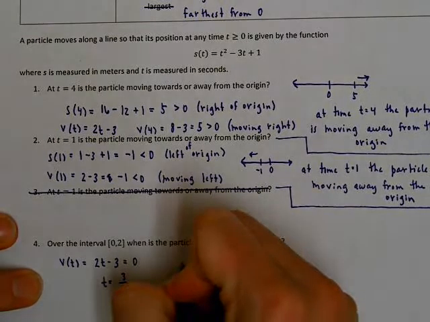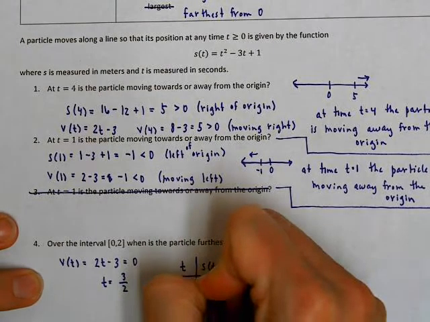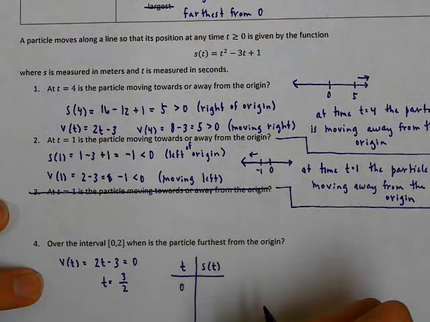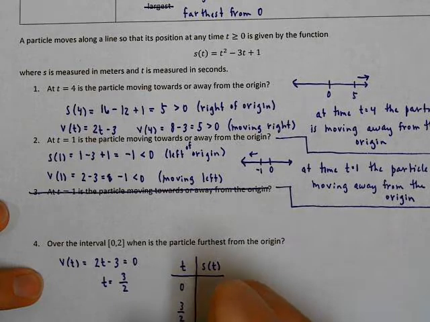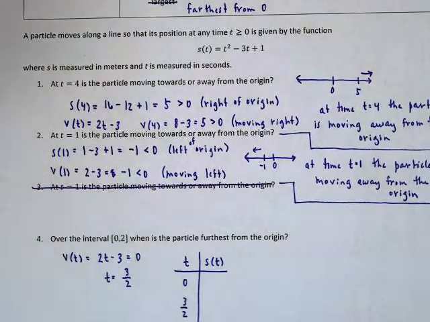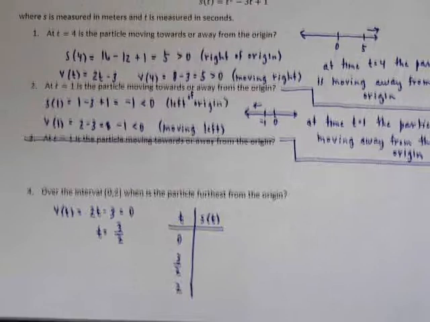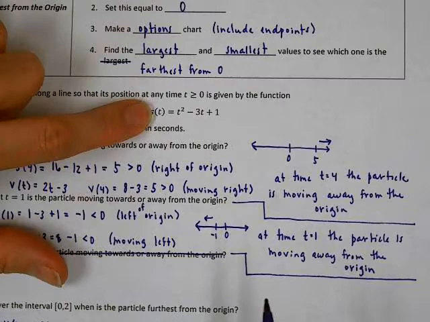So I'm going to have my time, and what I'm trying to find here is my actual position at that time. So my endpoints are time t equals 0, I have 3 halves, and time t equals 2. Now I don't have my calculator with me, so you'll have to bear with me while I do some of this. So position at time 0. If I plug 0 into my position, I get 1.